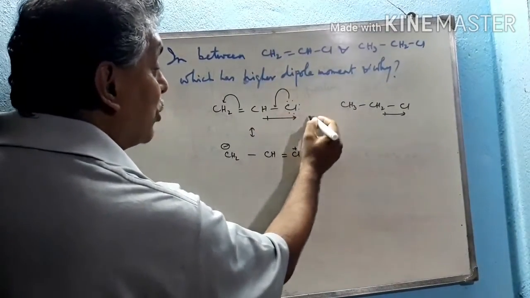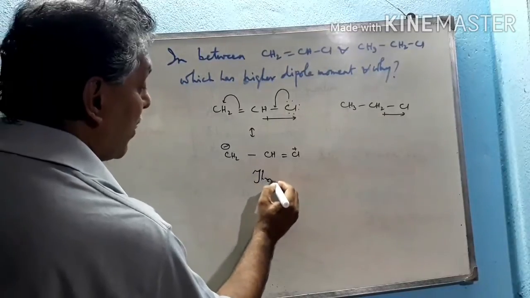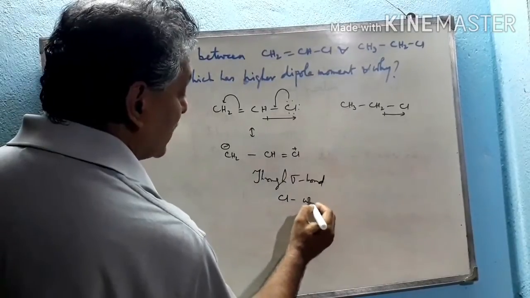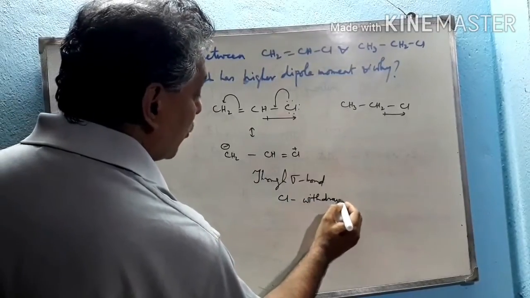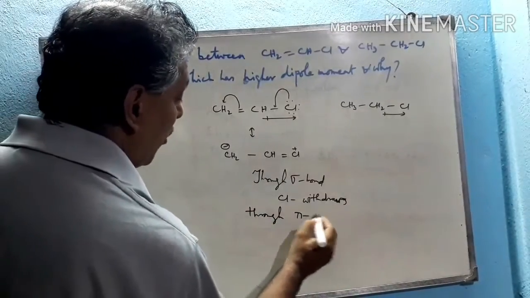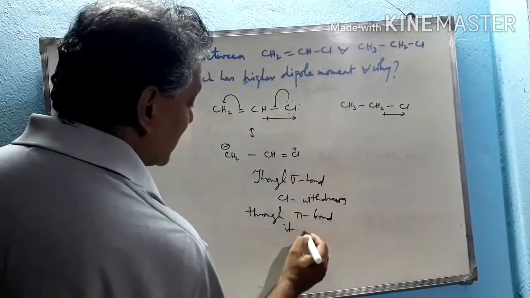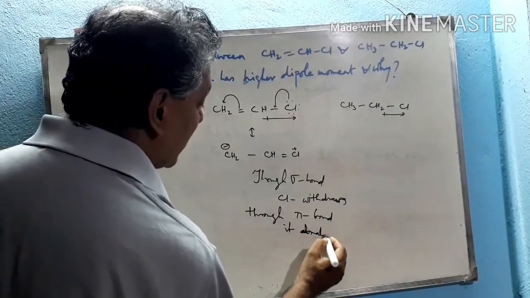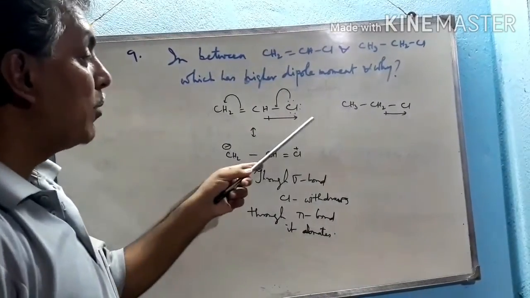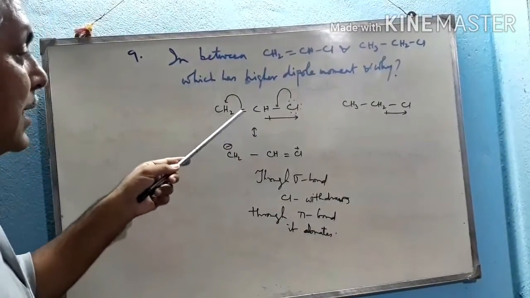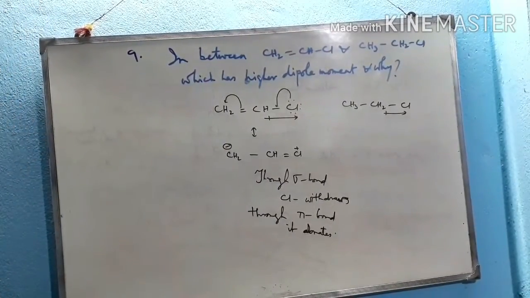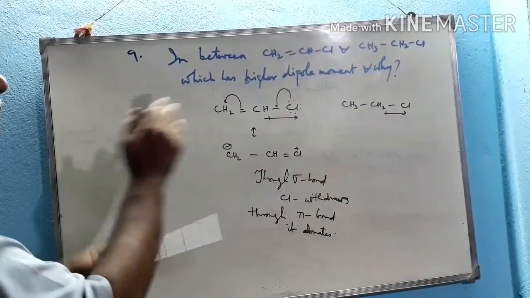Through the sigma bond chlorine withdraws, but through the pi bond it donates. The withdrawing effect increases the dipole moment, but as it donates some electron density through the pi bond by enjoying resonance stability, the dipole moment is somewhat decreased, somewhat reversed.